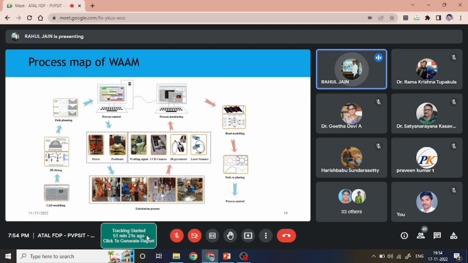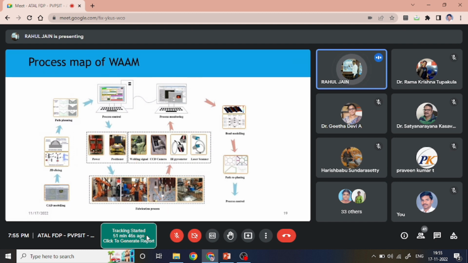What you see here is the schematic and photo of the experimental setup, where you have a robotic arm and an electrode with which you can manufacture whatever you want. The input here is a power source, and then there is a positioner, meaning the tool path planning.